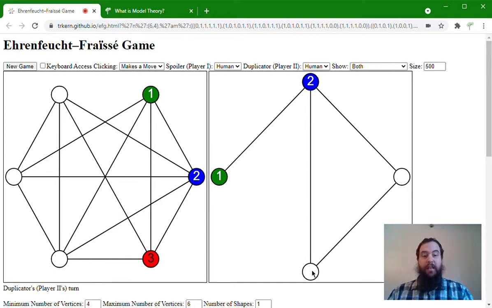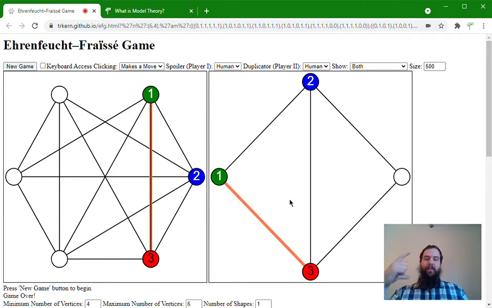So let's say that duplicator plays here. Now the game is over because vertex 1 and vertex 3 are connected on the left-hand side, and they're not connected on the right-hand side. So we say that duplicator lost the game at this point, and they were forced to lose at this point in the game because there was no option, right? Playing at this other vertex, it still wouldn't be connected to vertex 1. So the game is lost at this point.